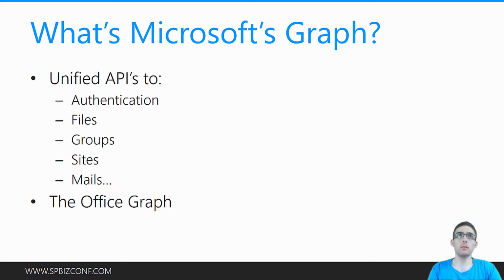Instead of doing SharePoint applications, using Exchange Web Services, and having quite nothing for Lync and stuff like that, they came with APIs you can access with a single authentication mechanism across all the APIs, and we call that unified APIs, with access for files, Azure Active Directory, groups, SharePoint, Exchange, and stuff like that. So all these APIs are now together under graph.microsoft.com.